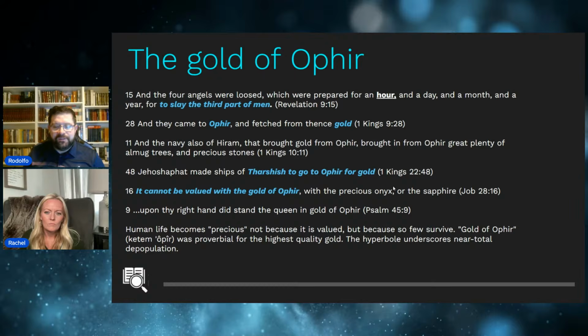And then in some of the poetic books, this becomes a type. For example, in Job, it cannot be valued with the gold of Ophir, with the precious onyx and sapphire, meaning that it was equivalent to something perceived as very hard to find, scarce, valuable. At the right hand stands the queen in gold of Ophir, that's in Psalm 45.